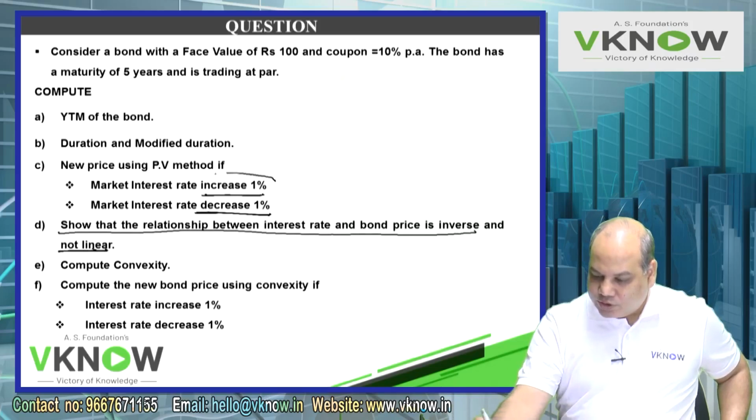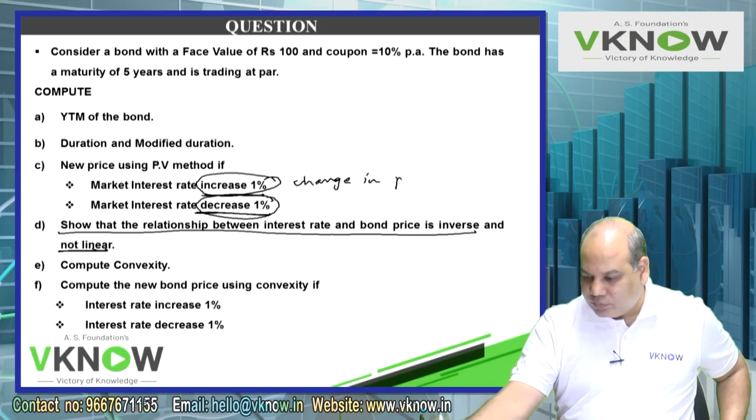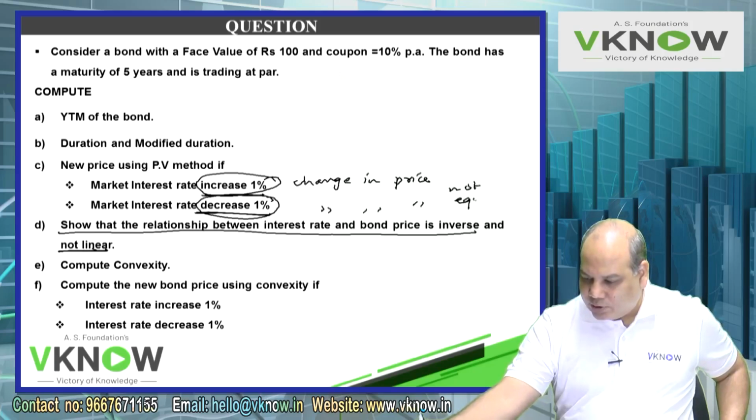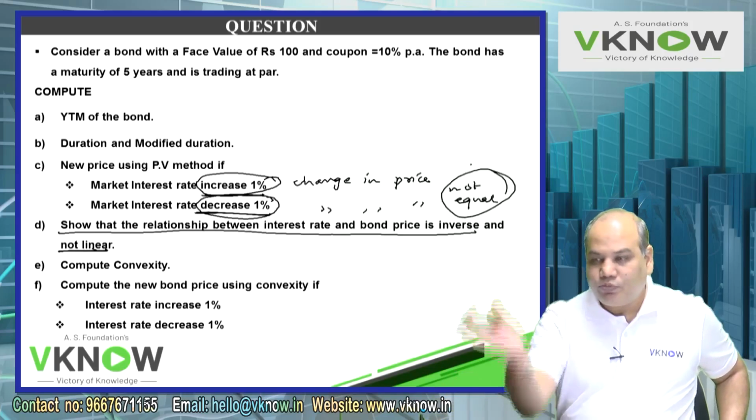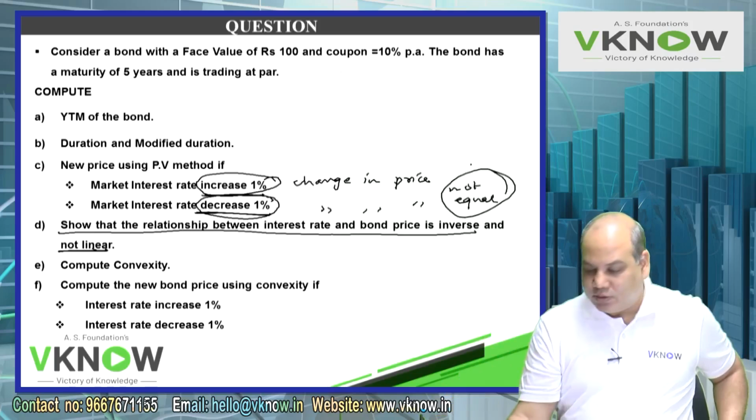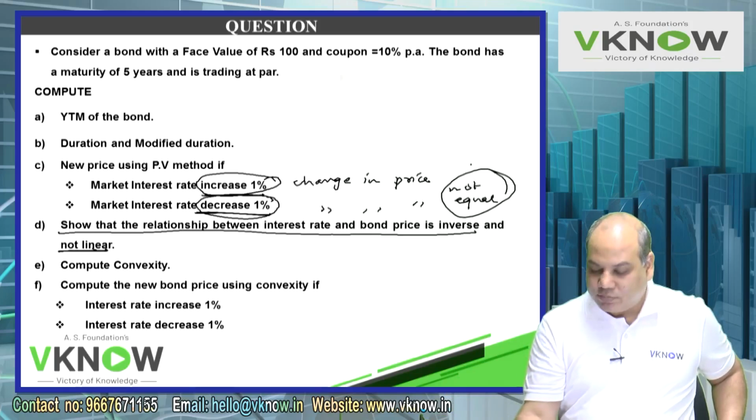Here it is changing by 1%, here also it is changing by 1%, but the change in price will not be equal. That will indicate that the relationship is not linear. Even though it is plus and minus 1%, your answer in terms of percentage change in price is not equal.